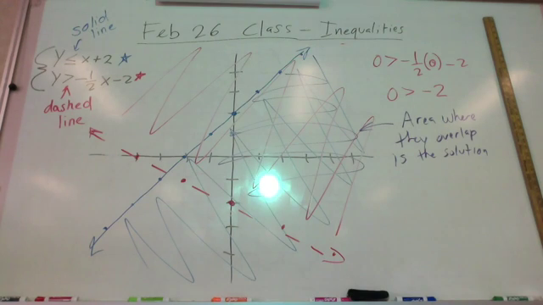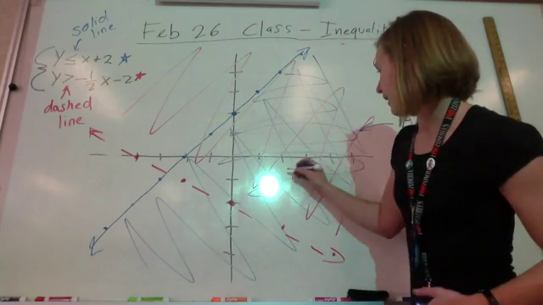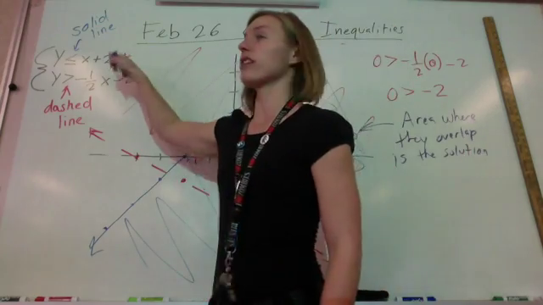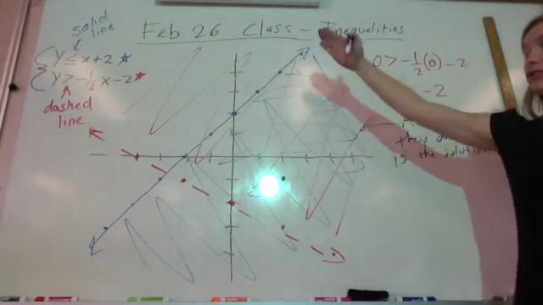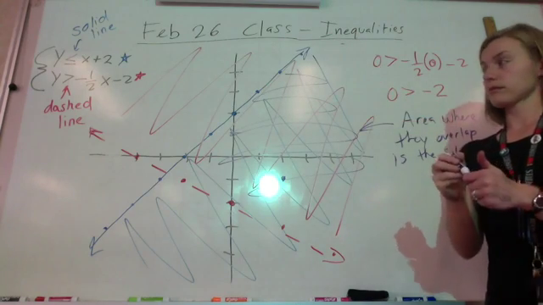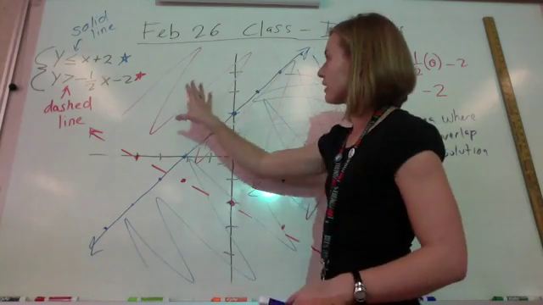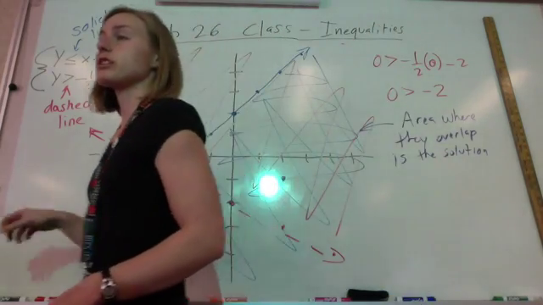So if I chose a point at, I don't know, 2, -1, that'll work in both of these. Any point within here is a solution to both of those. The one that's only blue will only work on the blue solution. These ones will only work in blue, these ones will only work in red, and the white will work in none. That's a good way to sum it up.